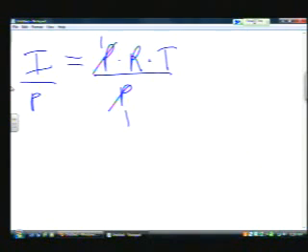And then what would your step two be, Wyatt? We're solving for P. I'll give you a hint. We don't want the I there, do we? No, you need to move that. You want to get P all by itself.